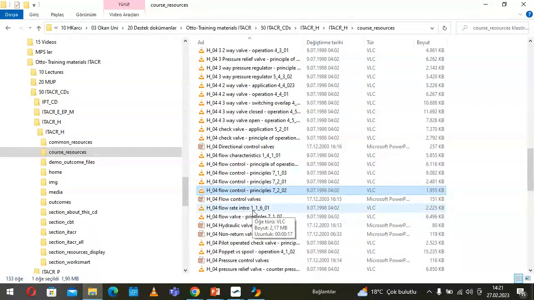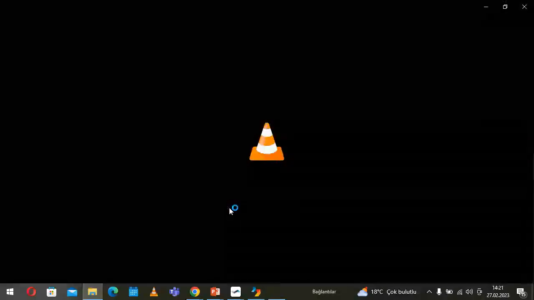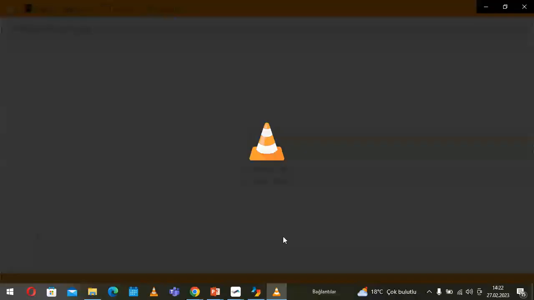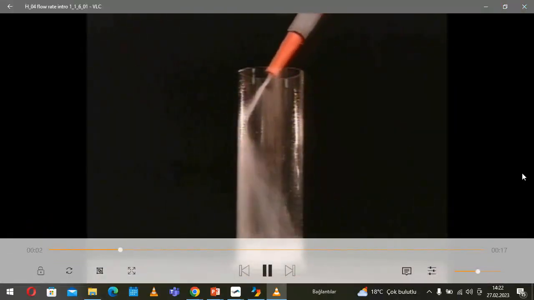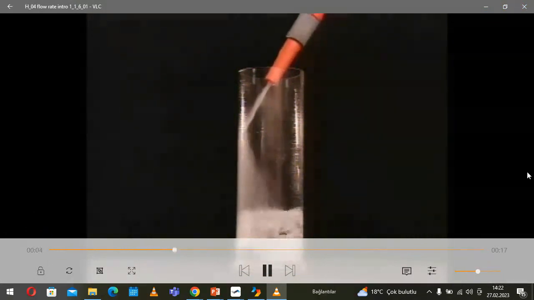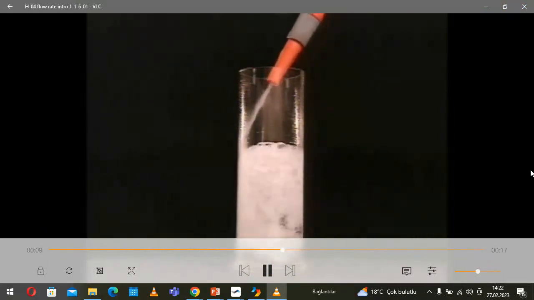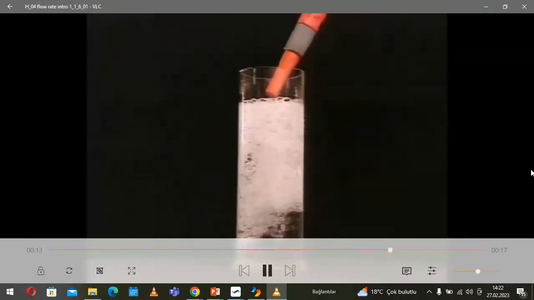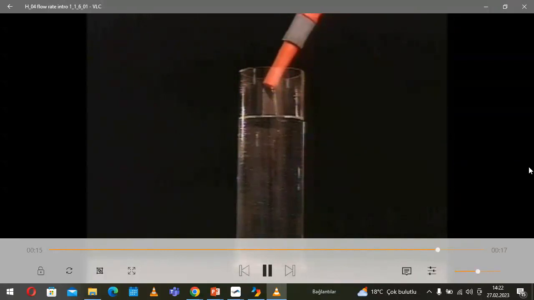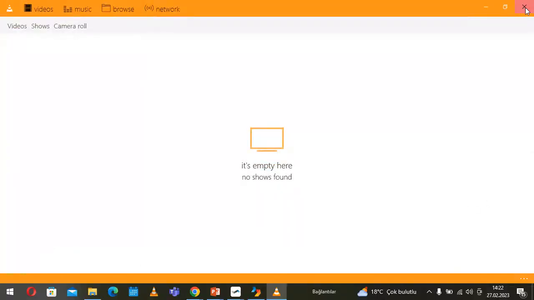So I have two more videos I want to share with you regarding the flow rate. If it takes about 10 seconds to fill this 2-litre container, then the flow rate is 12 litres per minute, or 0.2 of a litre per second. Okay, flow rate, how can you measure the flow rate? Volume over time. So this is the video.